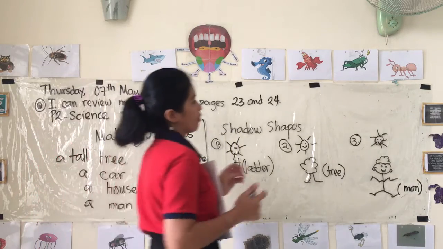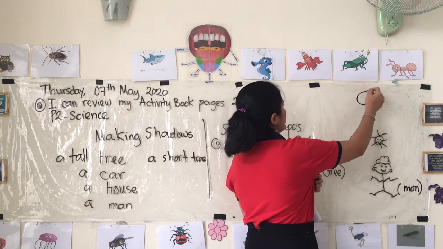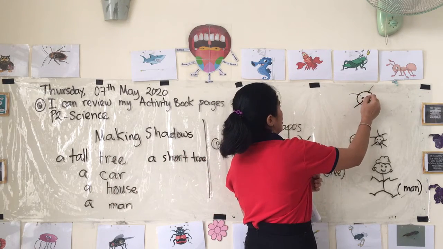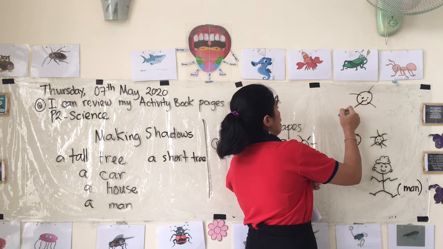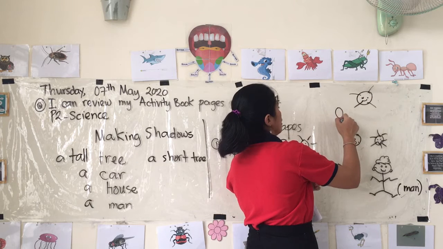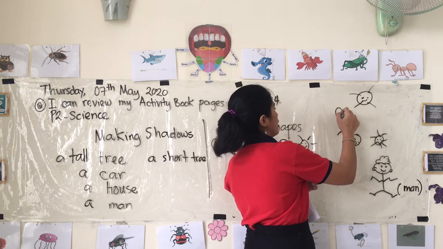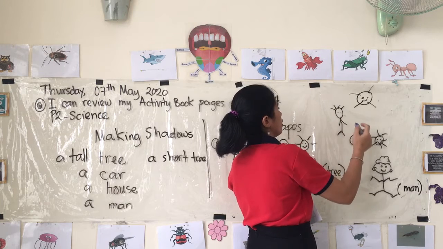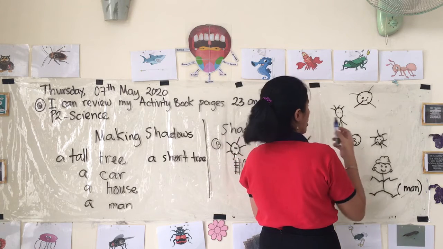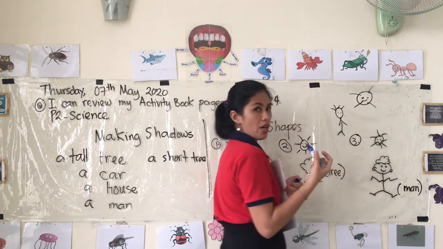So for example, if the sun is here, this is Mr. Sun, and the moon is here. And then I'm going to draw a shadow. I will have 3 choices.